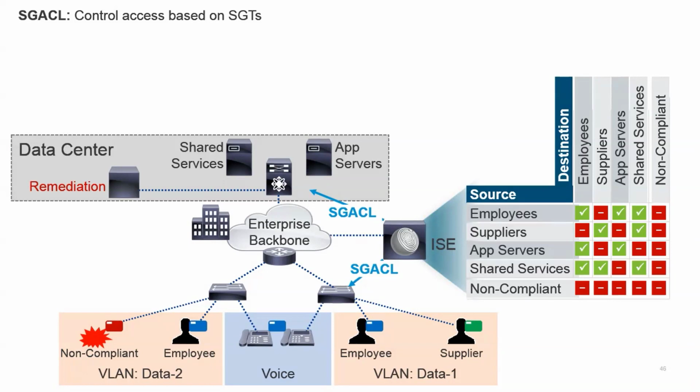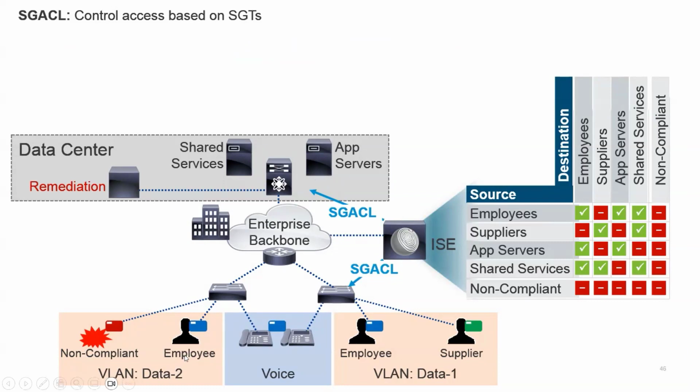If it is an SDA deployment, then management of TrustSec policies is very easy. But even before SDA, people were using TrustSec with supporting protocols like SXP. So you can see clearly now it's easy to manage.